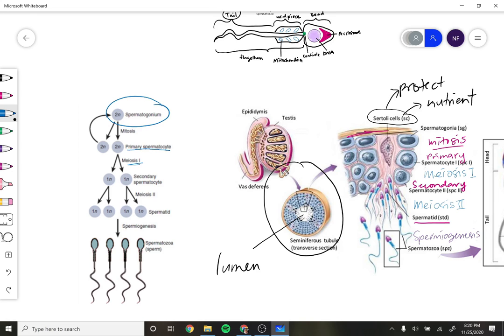The primary spermatocyte undergoes meiosis I and produces the secondary spermatocyte, which is already haploid after the first meiotic division. Then the secondary spermatocyte continues to the second meiotic division and produces spermatids, which are also haploid. The spermatid undergoes spermiogenesis to further develop into a mature spermatozoa.